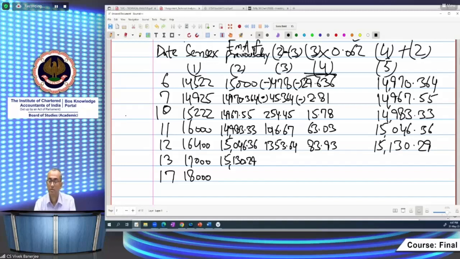15,130.29 माइनस करेंगे 17,000 से, ये आएगा 1869.71। इसको हम मल्टीप्लाई करेंगे एक्सपोनेंट से 0.062, 115.92। This figure we will add to the previous EMA, that is 15,130.29.